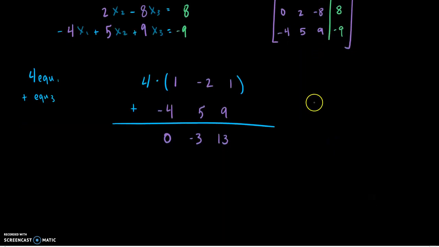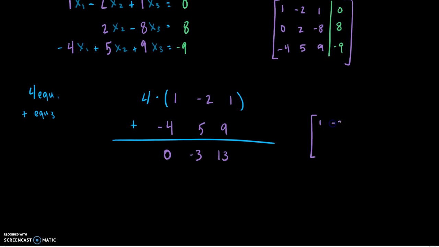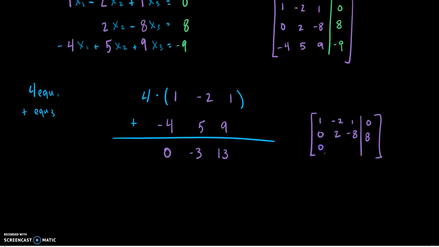So what you do is you just rewrite your matrix at each step of the way. This is the same matrix as above, and now it's 0, now it's negative 3, now it's 13.